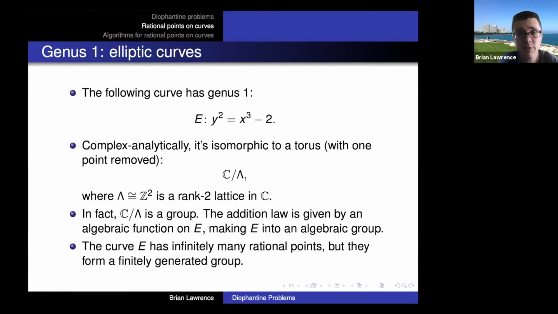I believe this equation has one obvious solution that comes from 25 being a perfect square and 27 being a perfect cube. And if I remember right, that solution actually generates all the rational solutions to this equation. So in this particular case, I believe the solution set is a cyclic group generated by that one fundamental solution.